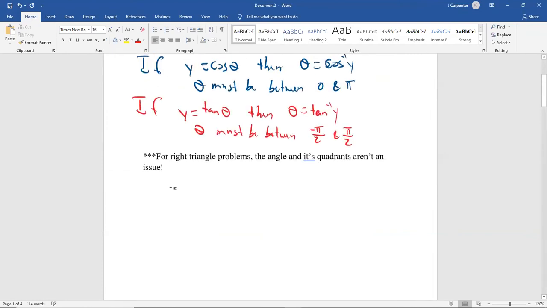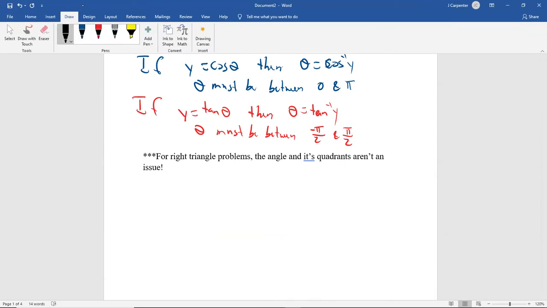All right, so let's just get down to brass tacks. Example 1. Complete the triangle. I'm going to give you a right triangle, and I'm going to tell you that this angle right here is 34.5 degrees.